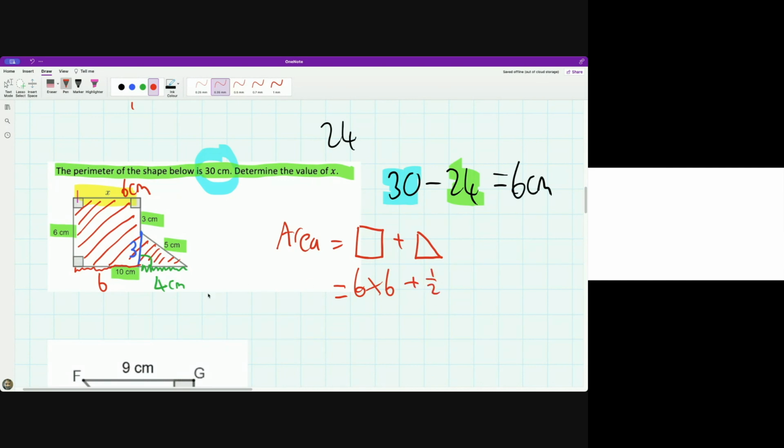So that is going to be a half. Now what's the base? It's 4 times 3. So the square is a 6 by 6 square, and then the triangle is a half times 4 times 3. Give me a thumbs up if you understand my working. Thumbs down if I've lost you, or make a comment.